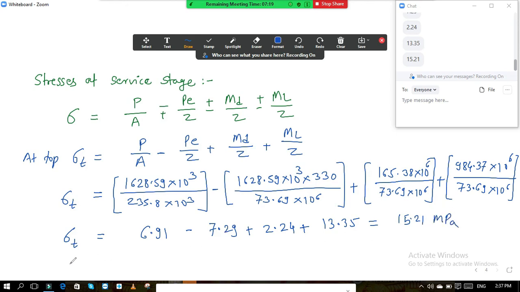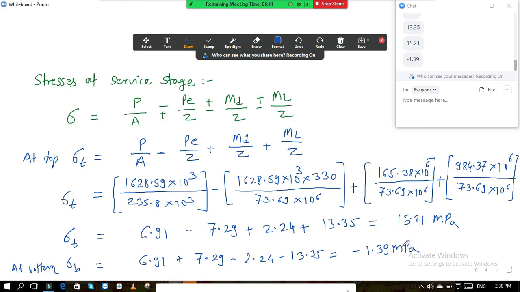Similarly, calculate the stress at bottom, sigma B, which is equal to 6.91 plus 7.29 minus 2.24 minus 13.35. Minus 1.39 MPa.